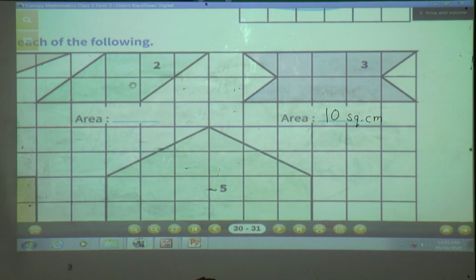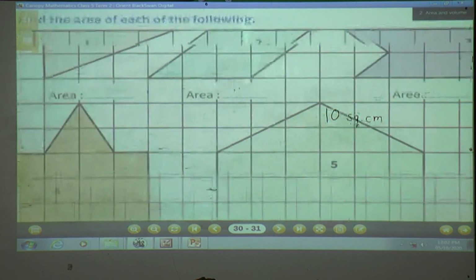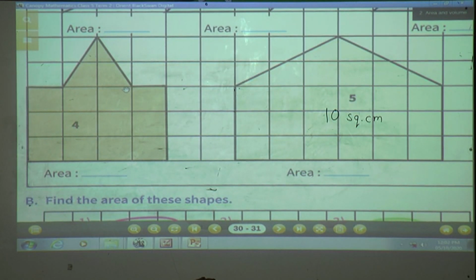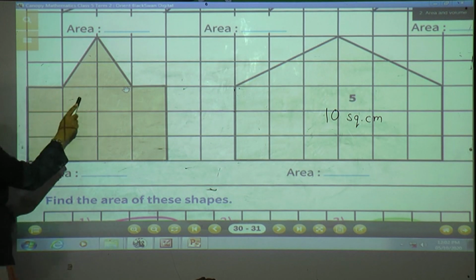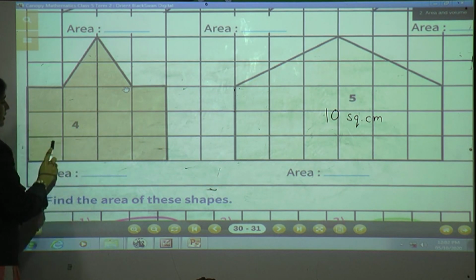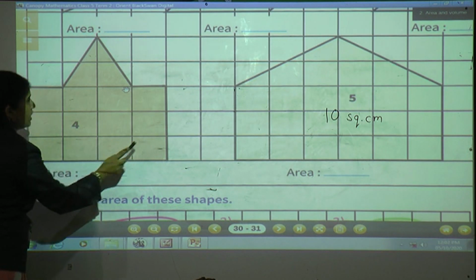Yes, students, we'll see fourth one. Here. Now count full squares. 1, 2, 3, 4, 5, 6, 7, 8, 9, 10, 11, 12.